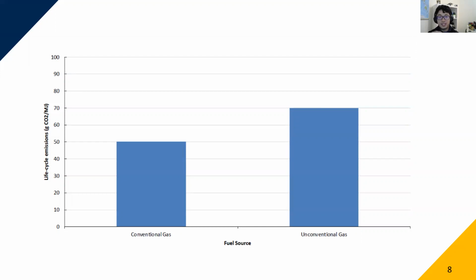I actually chose this particular example because I was at a conference where some VP of Chevron was showing this chart about LCA emissions for conventional gas versus unconventional gas. And the figure looked really familiar.